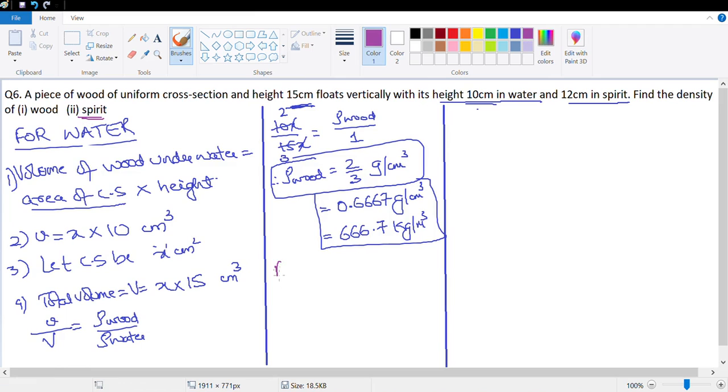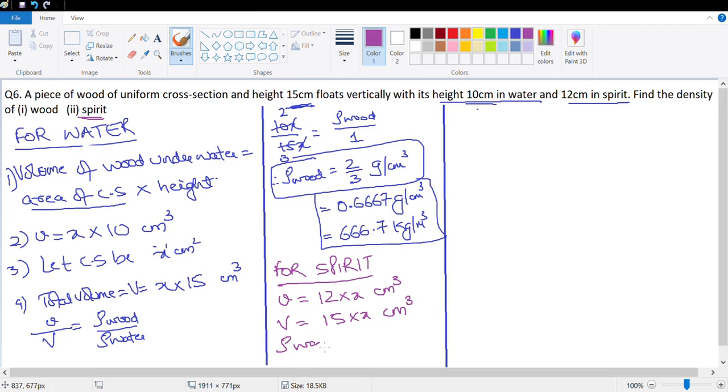So let's now do the same thing for spirit. For spirit, small v of wood is equal to 12 into x centimeter cube. Capital V remains the same, which is 15 into x centimeter cube.